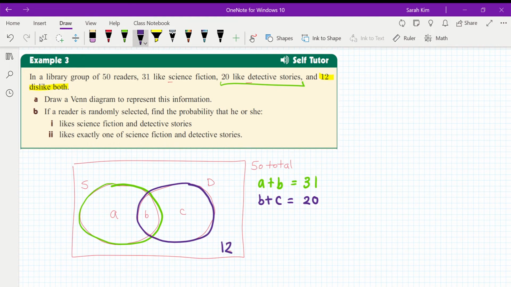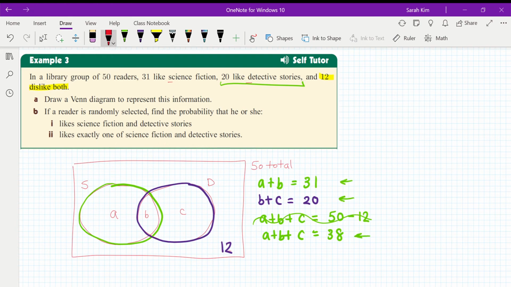Cool. So now the last fact we can write is the circles A plus B plus C. If I add all of the circles, plus the people who dislike both science fiction and detective stories, that adds up to the total, which simplifies down to 38. I'm not going to use this one, but I will use these 3 equations.